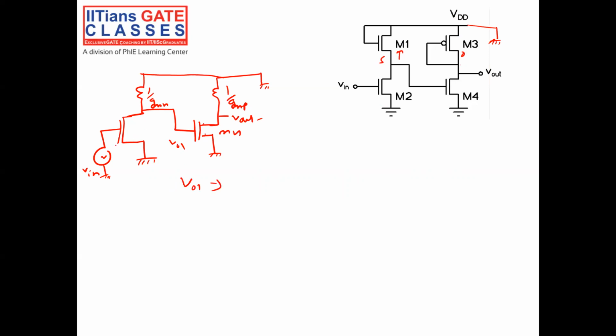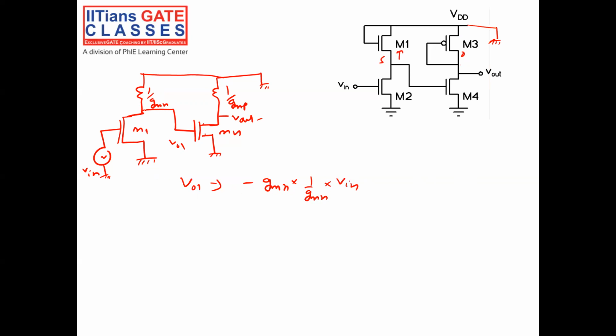When there is a change in VGS, the current here will be GMN into Vn, and the voltage here will be minus GMN of transistor M1 into the resistance of the drain, which is 1 by GMN, into Vn.